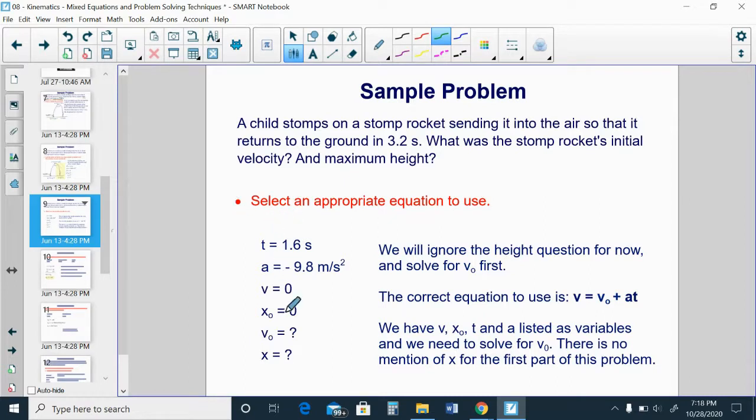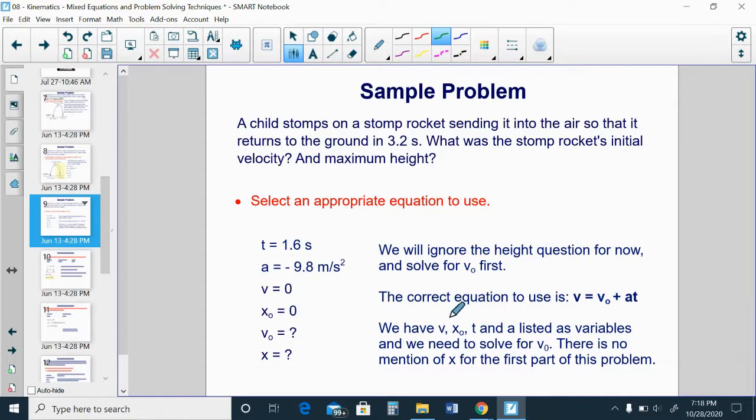Based on what we have listed so far, we're going to decide which equation we should use. So first, let's ignore the height question, and we're going to solve for initial velocity first. Based on the given variables, we have enough to use the first kinematics equation, which is final velocity equals initial velocity plus acceleration times time.